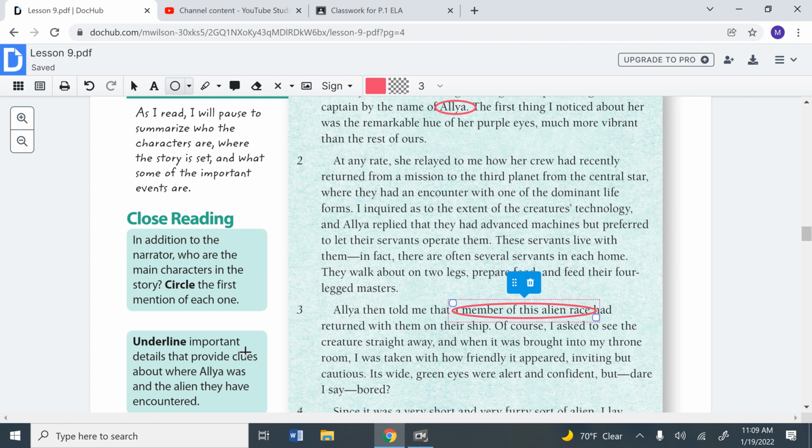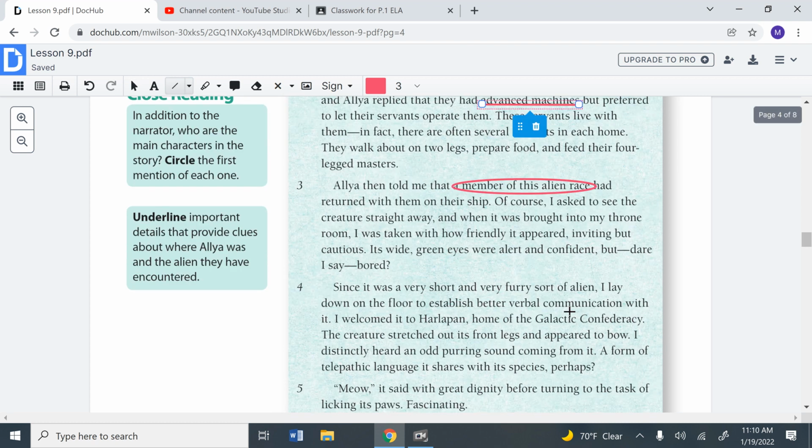The next thing they wanted us to do is underline important details that provide clues about where Aaliyah and the alien that they have encountered were. So let's go ahead and underline that. The location here is the third planet from the central star. Sounds kind of oddly like Earth. They also had advanced machines.